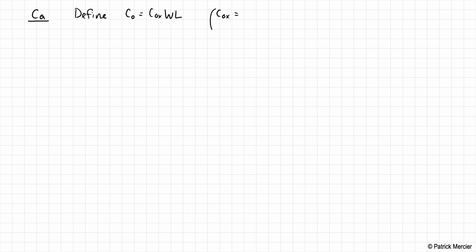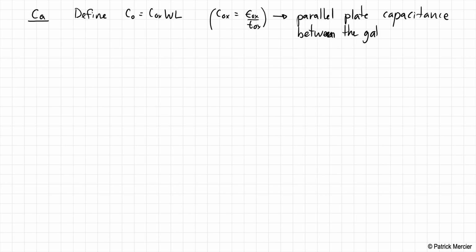Cox in this case is equal to epsilon ox over T ox, which is the parallel plate capacitance between the gate and the bulk.